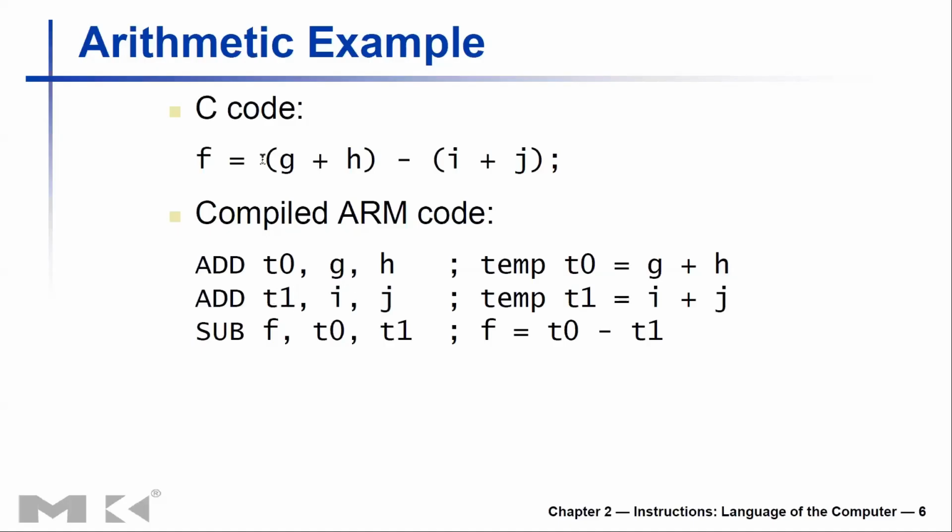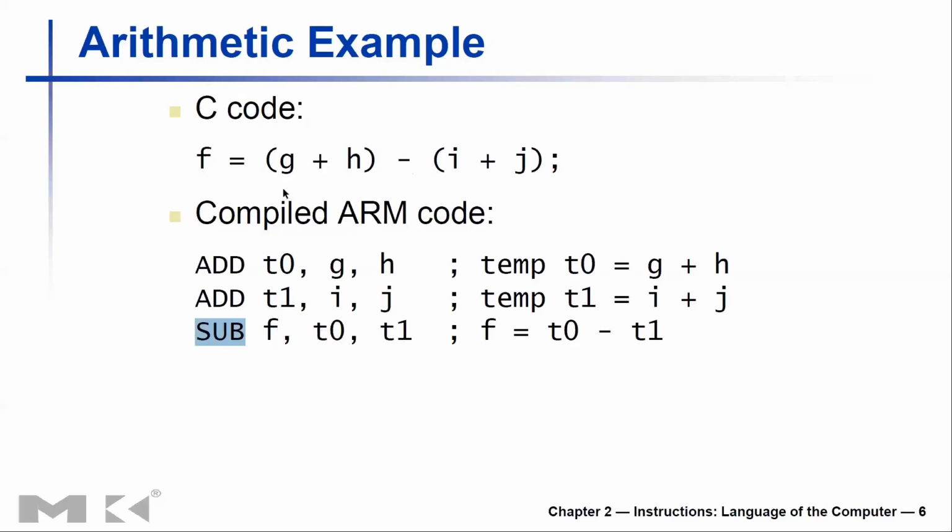Now you have these two additions with you, and now you can perform the subtract operation. For this subtract operation, you can use an instruction similar to that instruction. We call it sub, and you can perform it by using sub f, t0, t1.